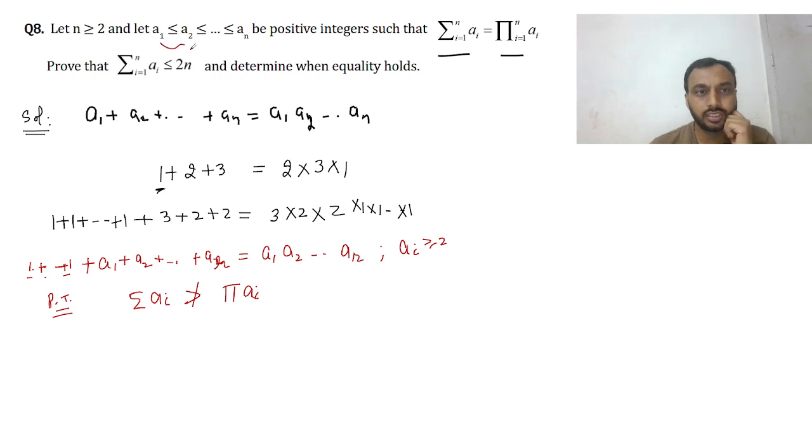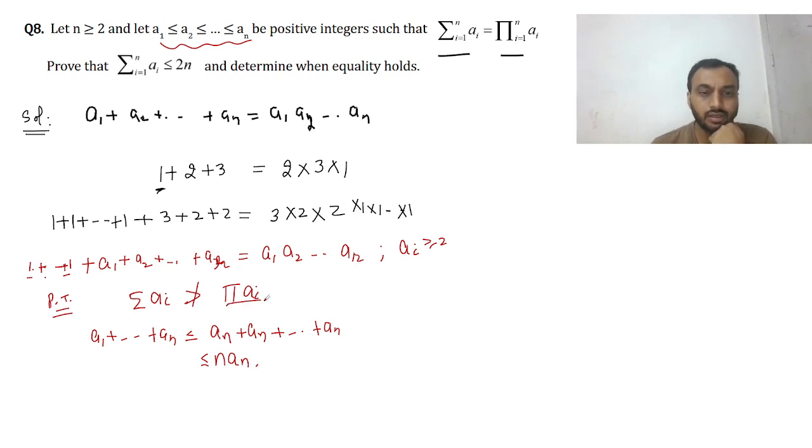We also know that a1 is less than or equal to a2 up to less than or equal to an. So the summation of ai, which is a1 up to an, is less than or equal to an plus an up to an, because each ai is less than or equal to an, so this is their maximum value.